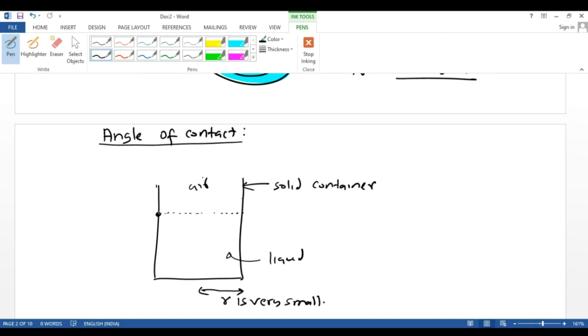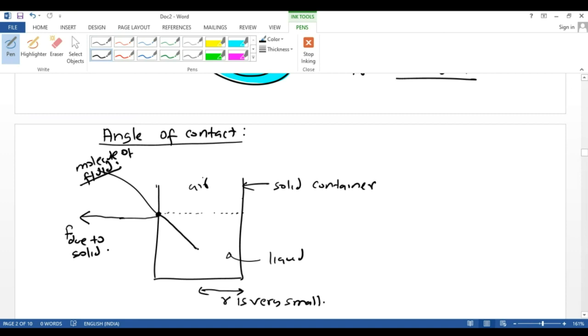Now here, the force due to solid. So this is a molecule of fluid, and on this I am showing the force due to solid. Right, the force due to air is so small that we can simply ignore that, so we will keep on ignoring it.